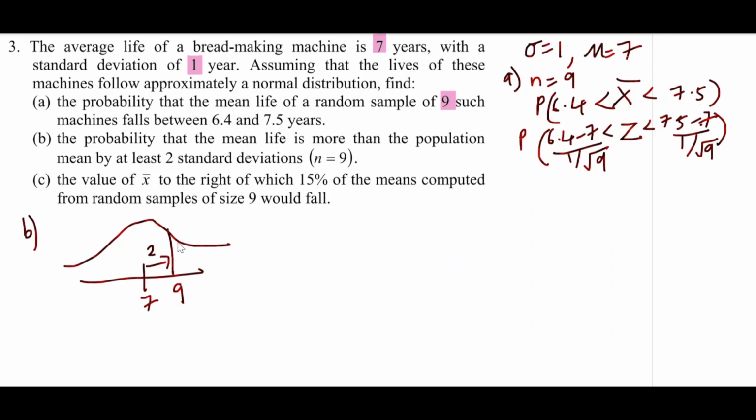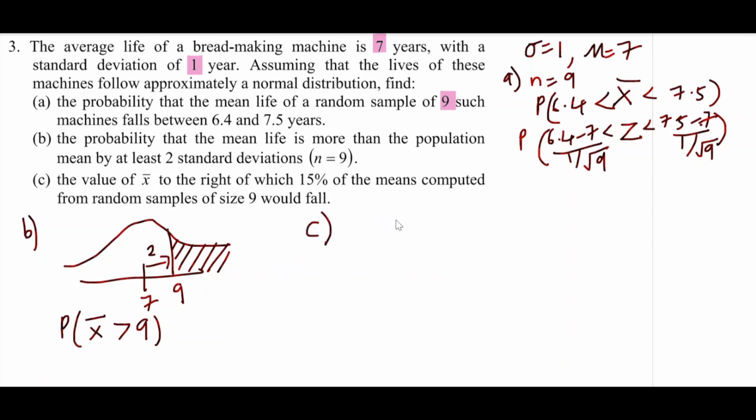More, then this would be the area that we are interested in. So you want to find the probability that the mean life is greater than 9. Okay, I'll leave it to you to solve this. The next step is to transform and then use your calculator to find the probability.